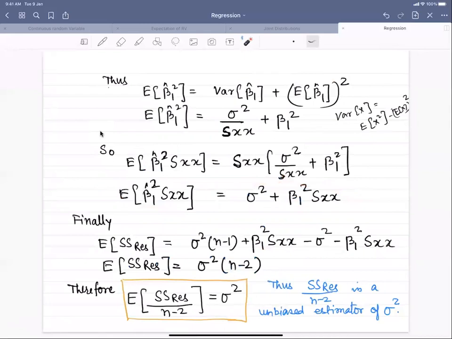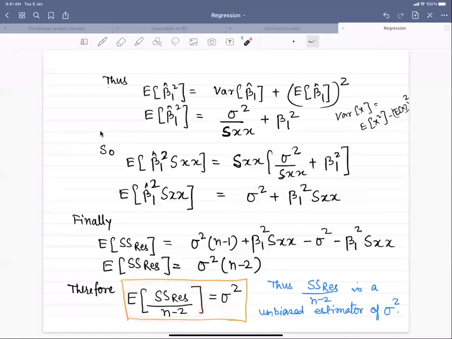So one thing to note is that beta 1 cap is the estimator and beta 1 is the true value of the slope. So the expectation of the sum of squares of residuals is sigma square, and one sigma square is also here, so it will be sigma square n minus 2. This and this will get cancelled. So we can clearly see that the expectation of the sum of squares of residuals divided by n minus 2 is equal to sigma square.